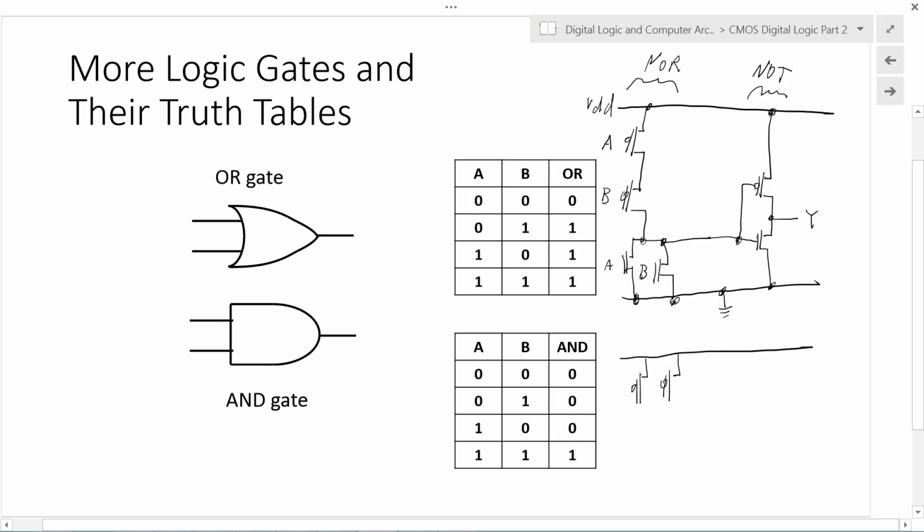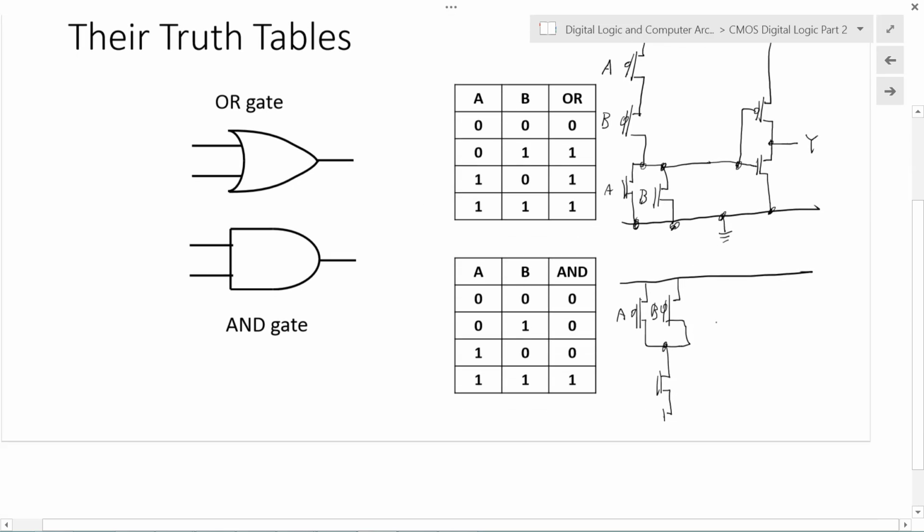Here's our pull-up network, A and B. Here's our pull-down network. Let's draw this a little bit more clearly here.